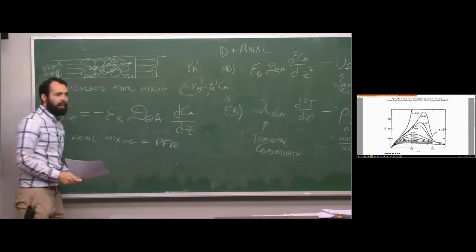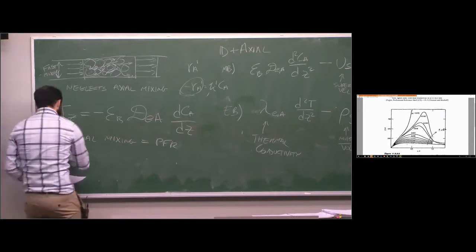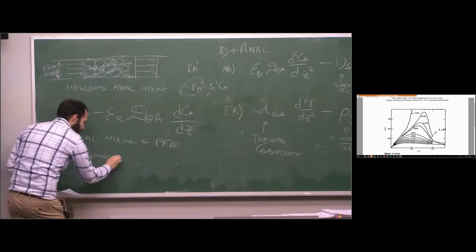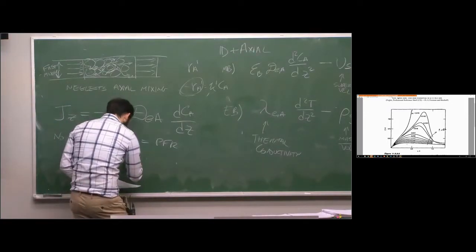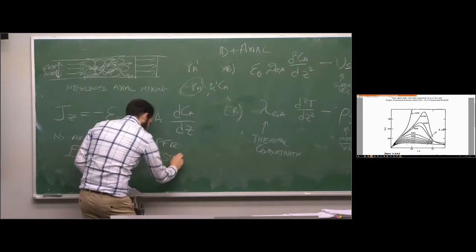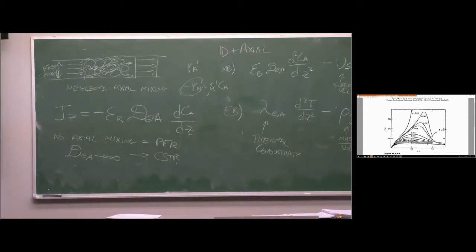So if I don't have any axial mixing, I have just a PFR, right? Everybody get that? An ideal plug flow reactor. If the effective diffusivity were to somehow go to infinity, what you get is a CSTR. So if you have infinite axial mixing, then you end up with a CSTR.